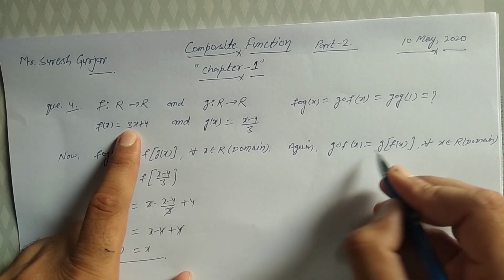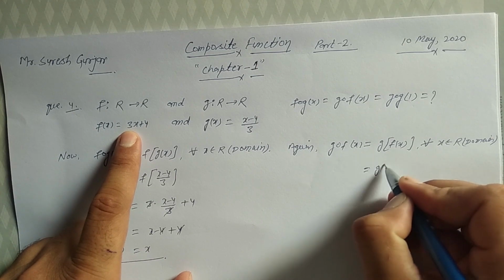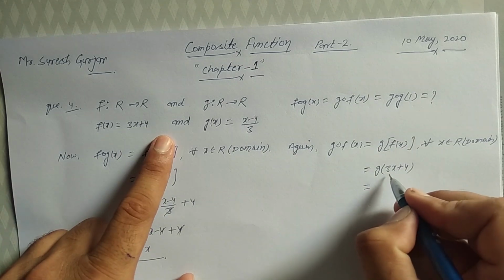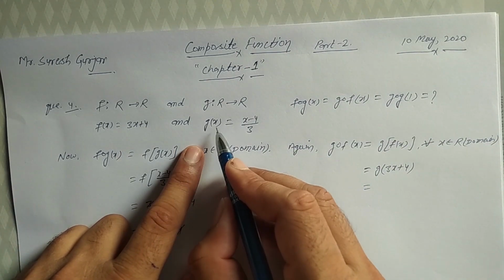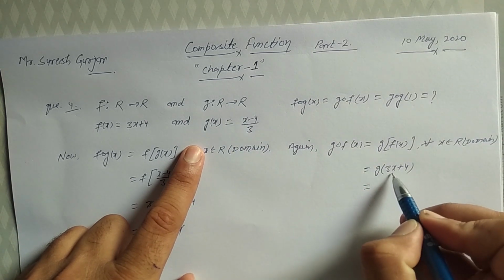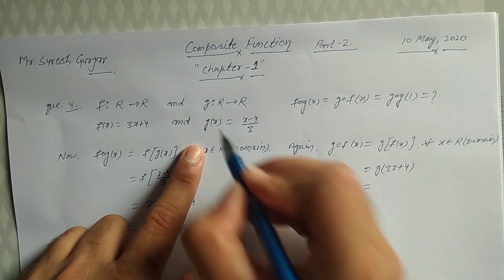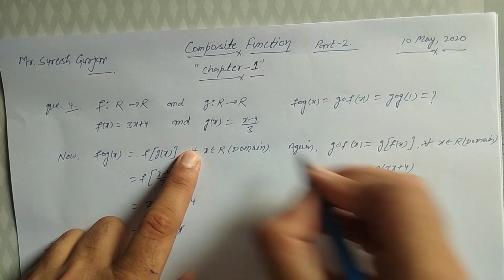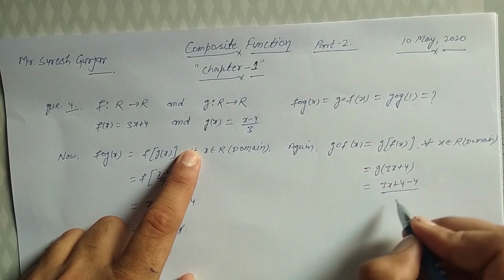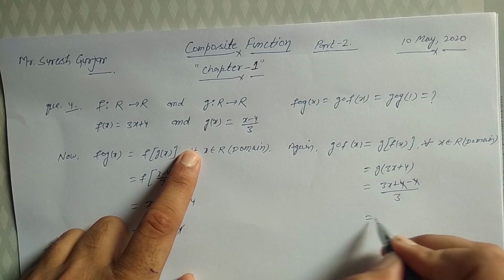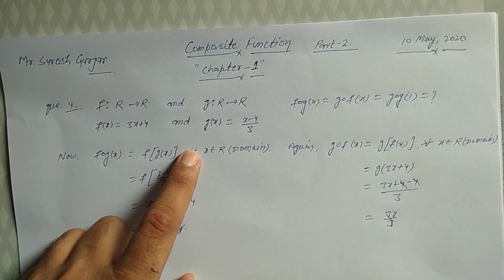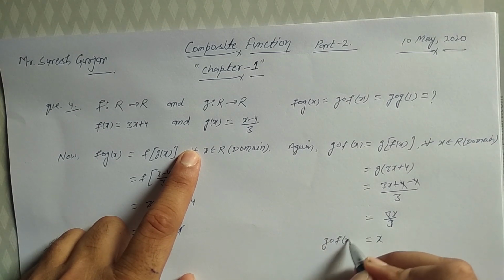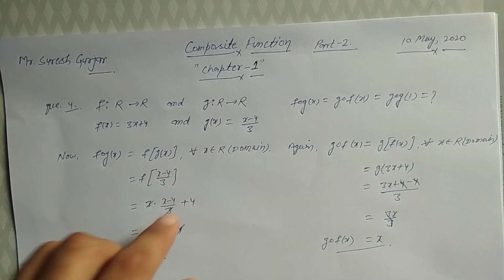Putting the value of f(x), x in g(x) is replaced by 3x + 4. Putting the value of g(x), (3x + 4 - 4)/3, the 4 cancels out, is equal to 3x/3, the 3 cancels out, is equal to x. That is, gof(x) is equal to x.